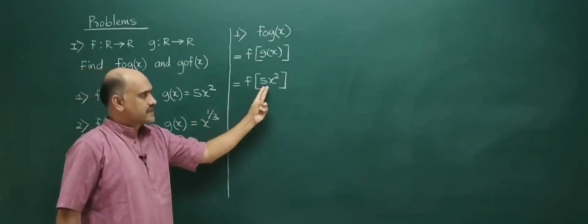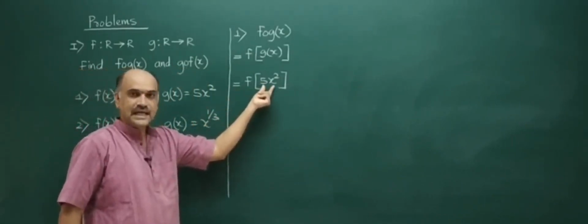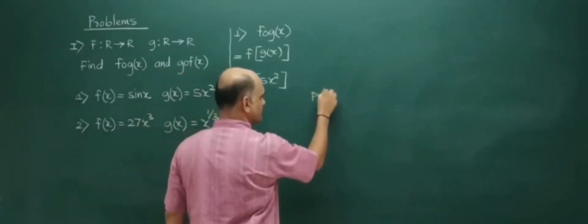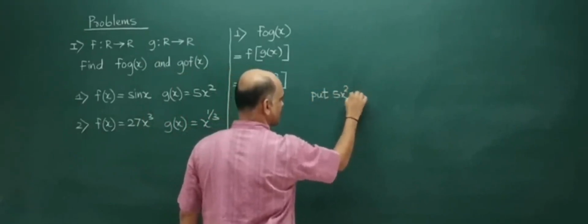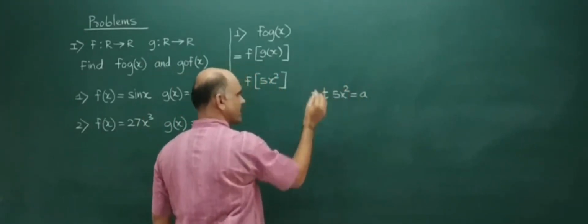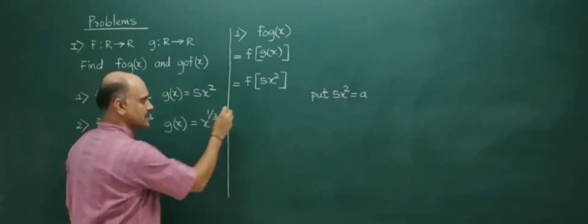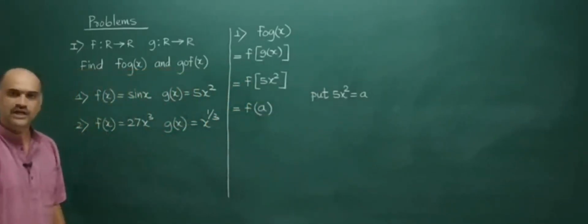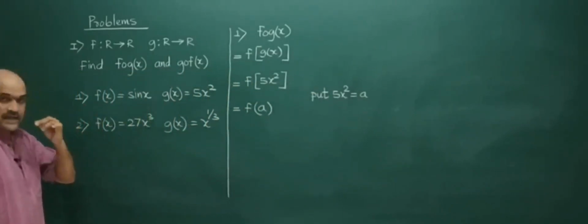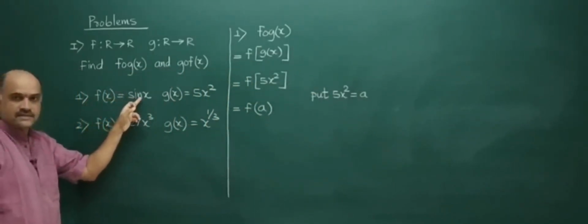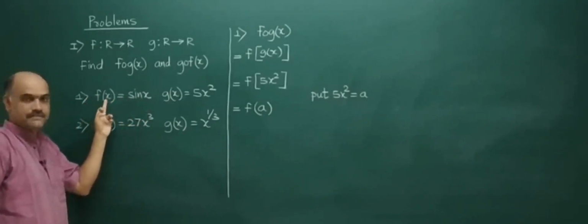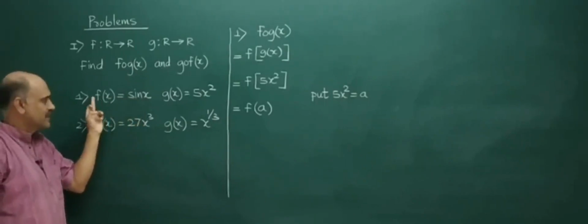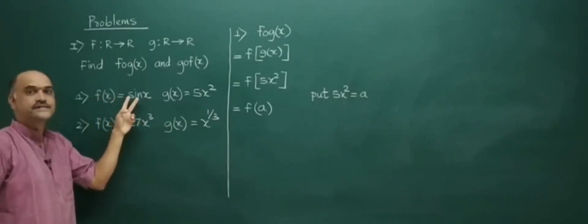To make it easy, I will take this as a. Put pi x square is equal to a. So this will be f of a. Now f of x means sin x, so f of a means in place of x you should substitute a. So f of a will be equal to sin a.